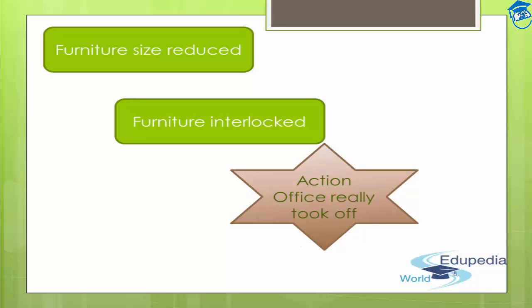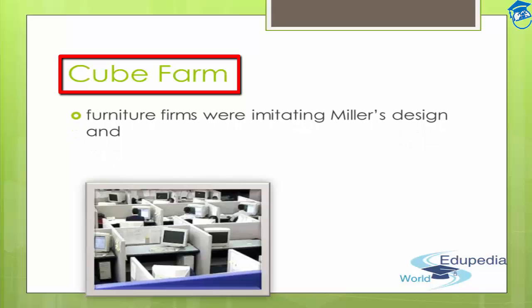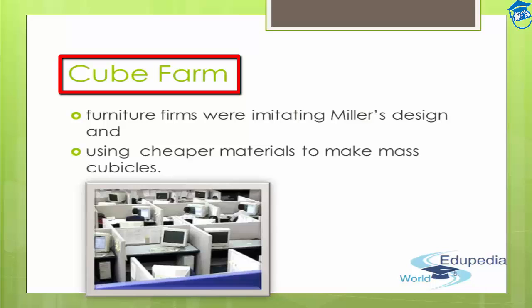Now let's understand the other type of organizational design, which is the cube form. The cube form was the next phase, as furniture firms were imitating Miller's design and using cheaper materials to make mass cubicles.